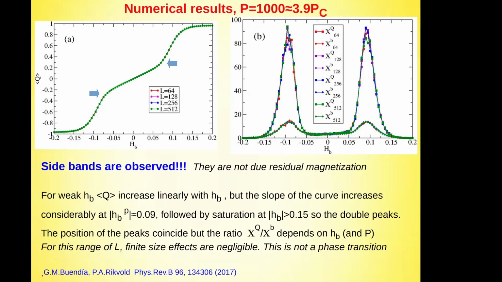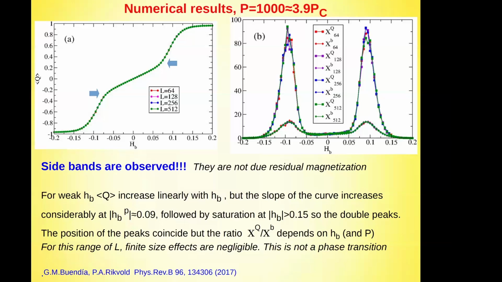Now, when you plot the derivative, basically the susceptibility with respect to the bias, you find two very well-defined peaks. It's exactly what they found in the experiment.